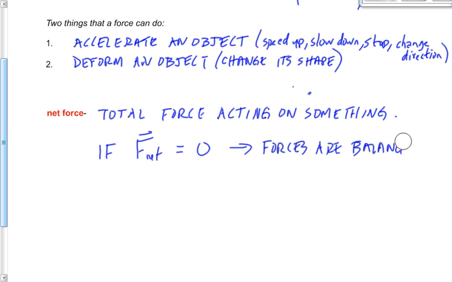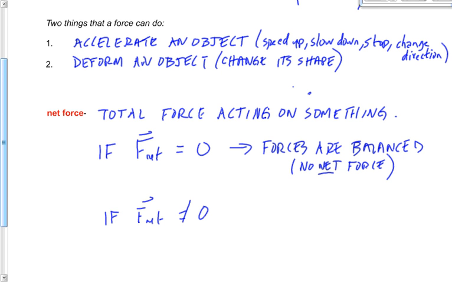There could be 1,000 forces, but they balance each other out. There are forces, but there's no net force. If the net force is not 0, then we have what we call unbalanced forces.